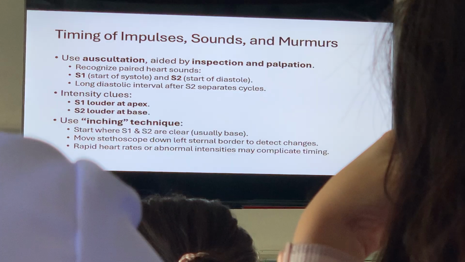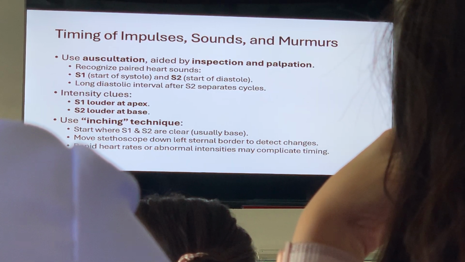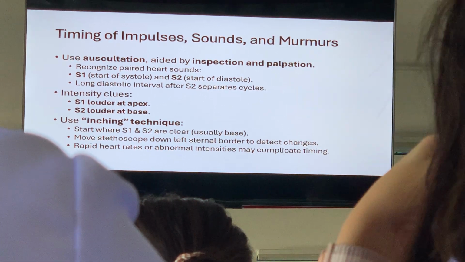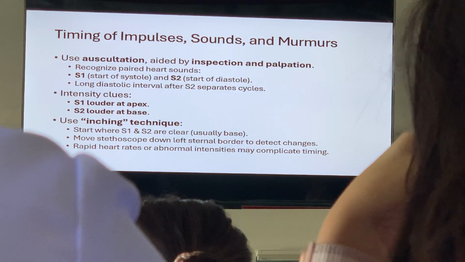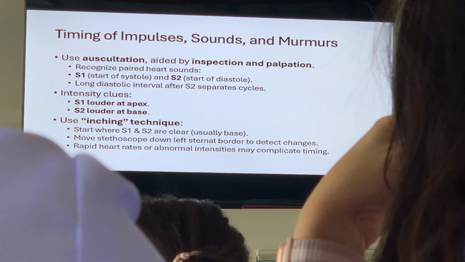In terms of timing of the impulses, sounds, and murmurs, you have to auscultate. This is also done after you do the inspection and palpation. So we will go through that later. You have to recognize that there are two sounds that are distinct to the heart. So you have your S1, which is the systole, and S2, which is the diastole.